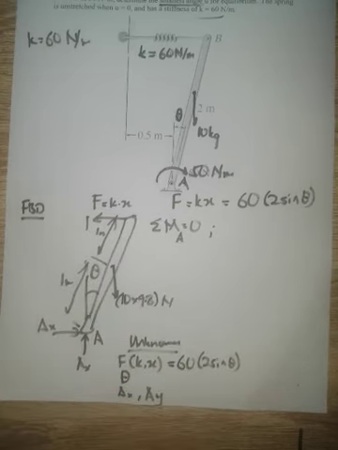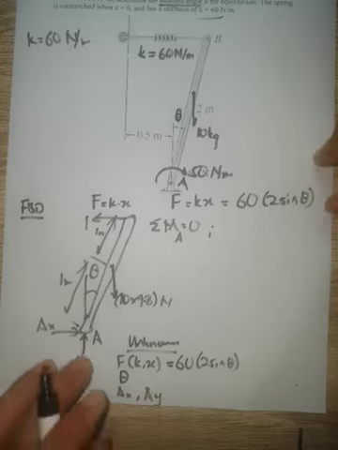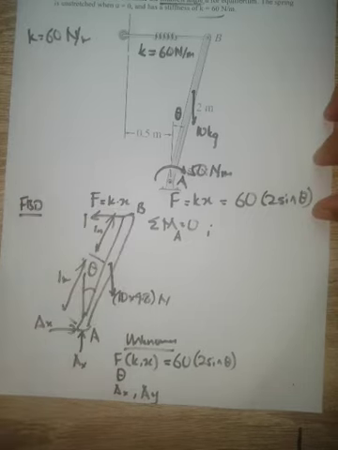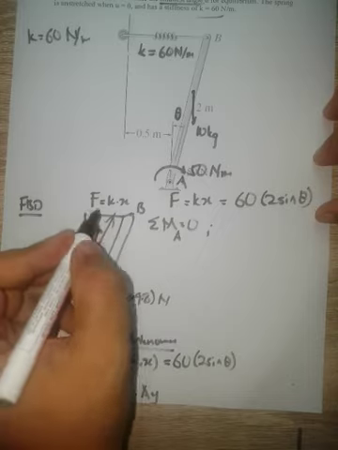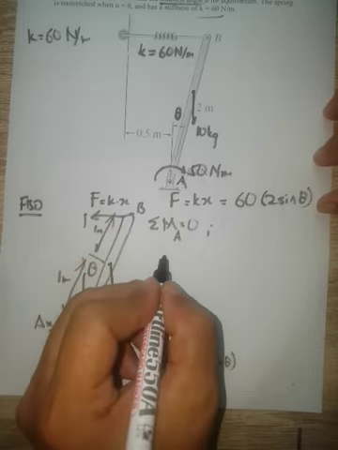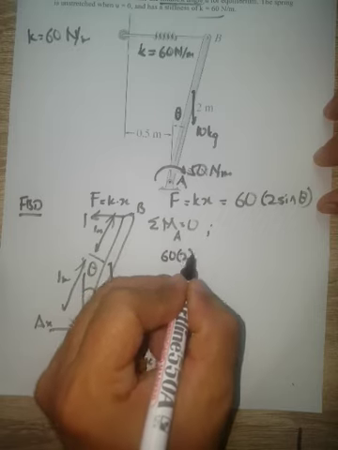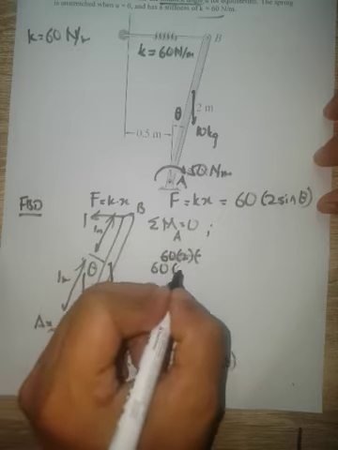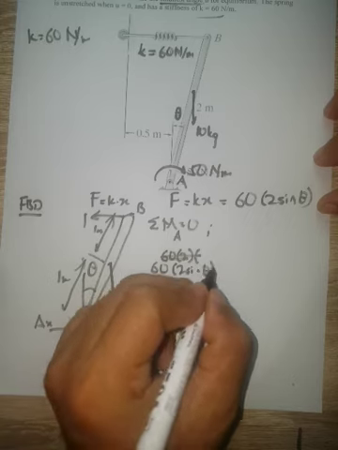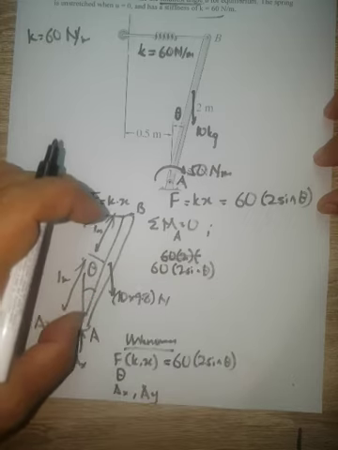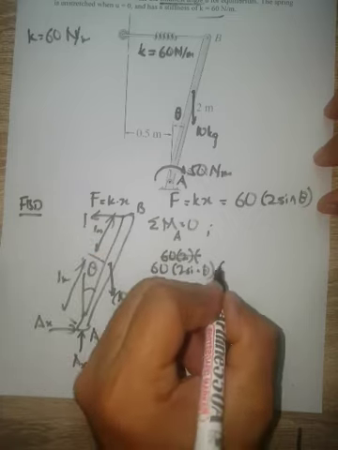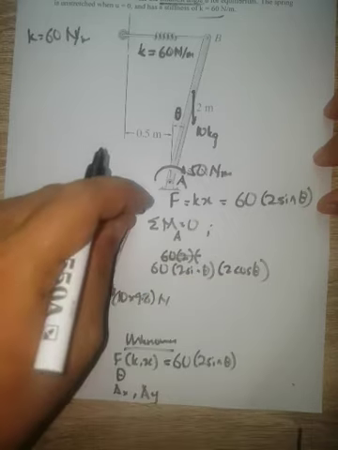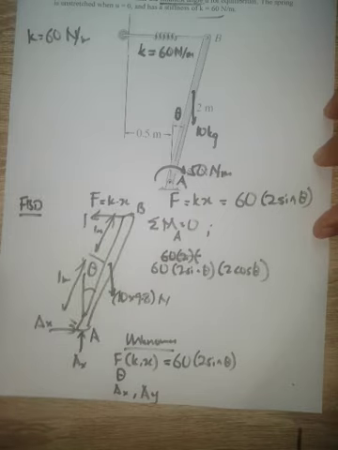So what we have now is, first, the force at point B. The force F is 60 times 2 sine theta, with the perpendicular distance 2 cosine theta. This force rotates counterclockwise, so it is positive.